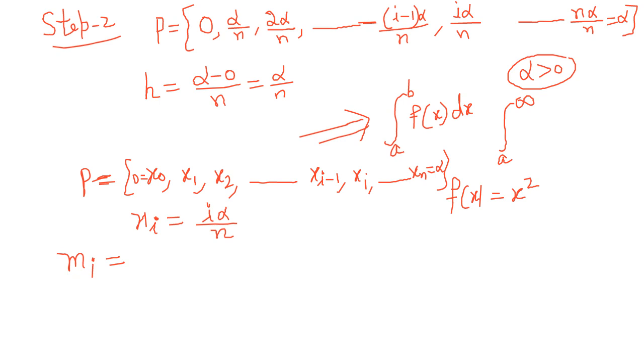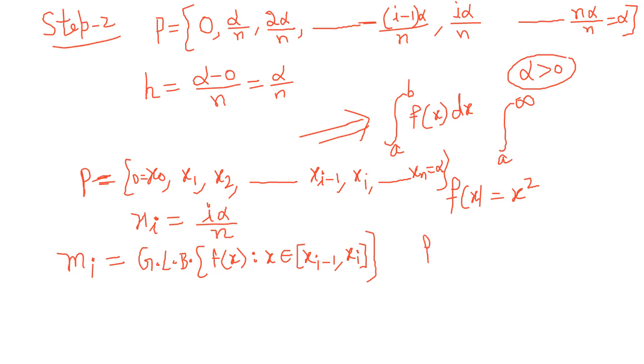GLB, alpha into i minus 1 upon n, whole square. Yes, whole square. It means f of x you have to write in this way, because you are giving the final exam physically. So remember, all this stuff must be written.